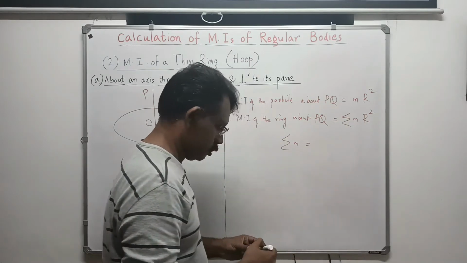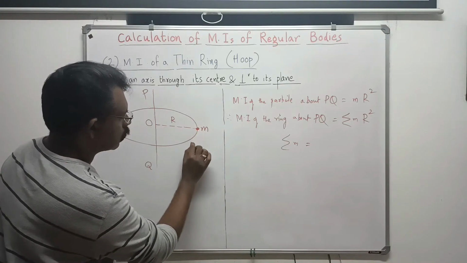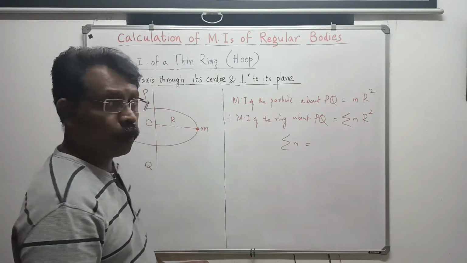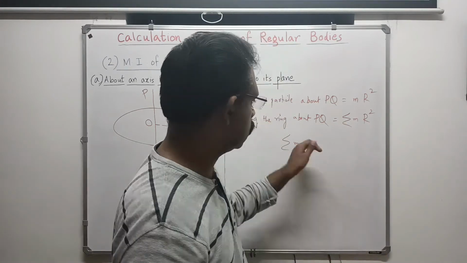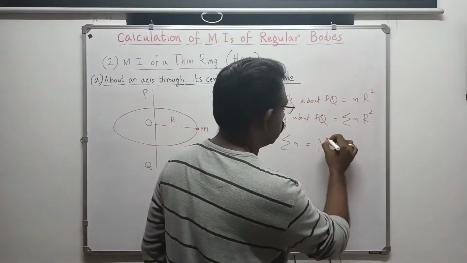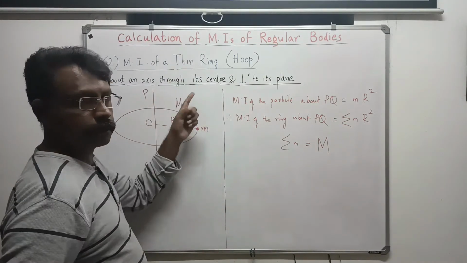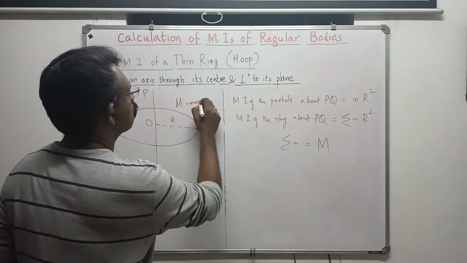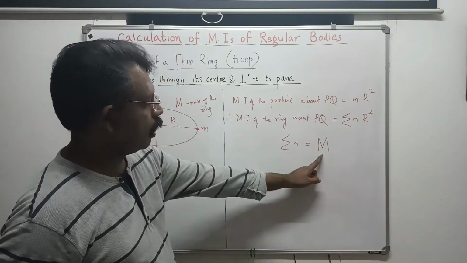Sigma m means the total mass of all such small elements in the ring, which will be nothing but capital M, where M is the total mass of the ring. So sigma m is equal to M.